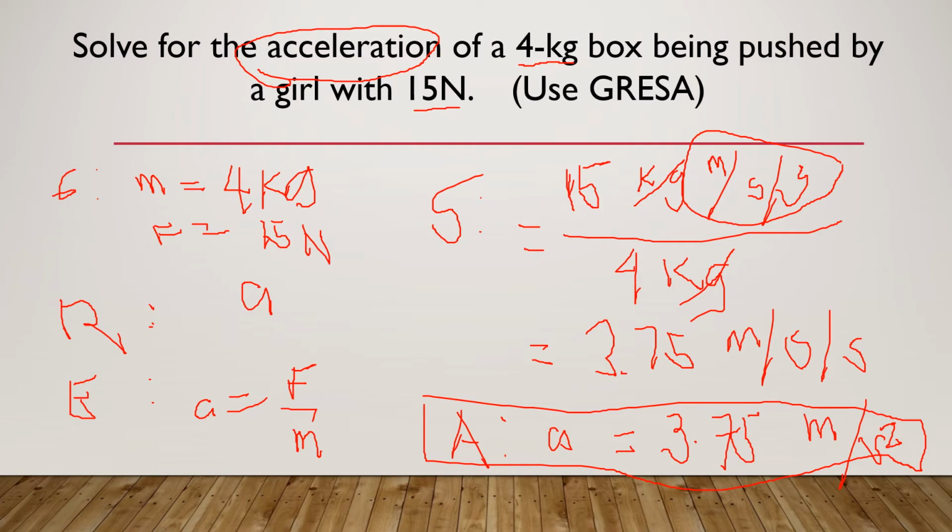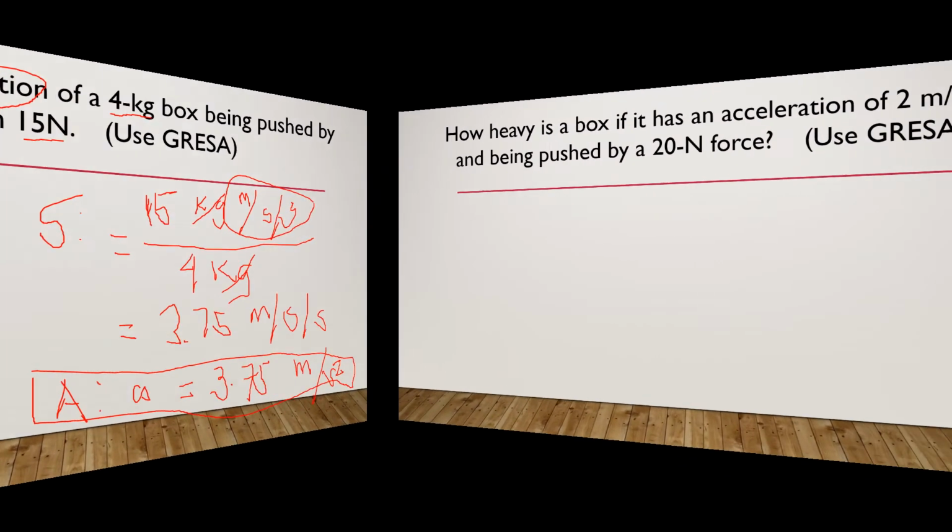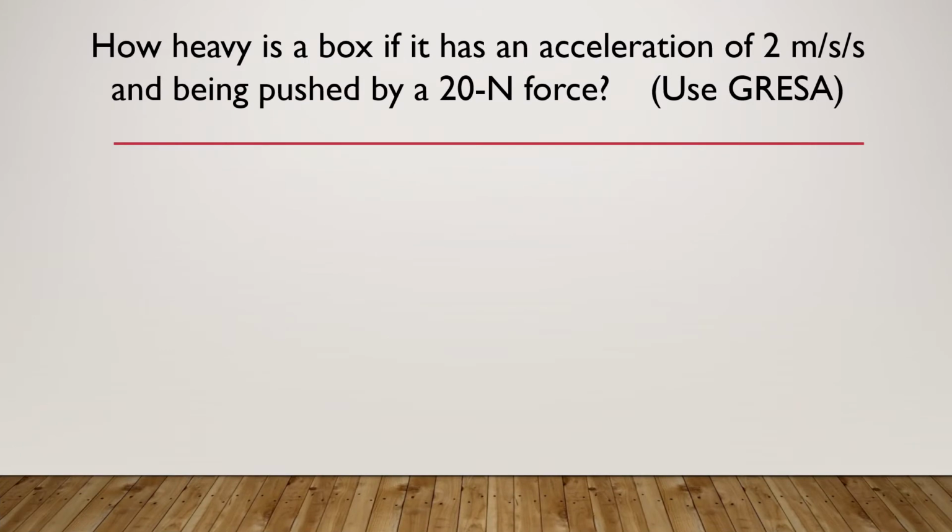Next, let us have problem number 3. How heavy is a box if it has an acceleration of 2 meter per second squared and being pushed by a 20 Newton force? Use GRESA. So G stands for given. So let us underline 2 meter per second and 20 Newton.